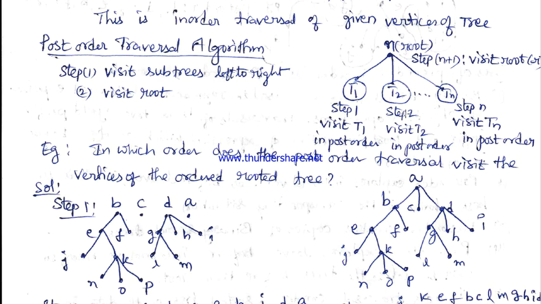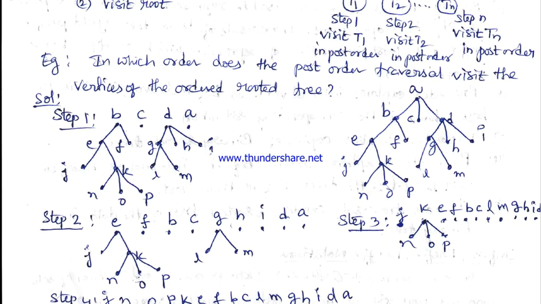So what happens in post-order? First all the subtrees in order from left to right have to be visited, and finally the root vertex has to be visited. Let us see an example of this post-order traversal. A tree has been given here where the root vertex is A.